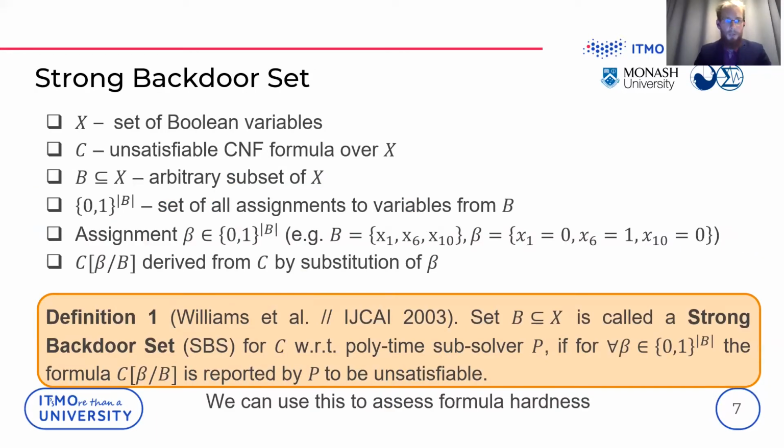Now we will introduce a strong backdoor set. Consider a set of Boolean variables X, an unsatisfiable CNF formula C over X, and an arbitrary subset B. Introduce the following notation.